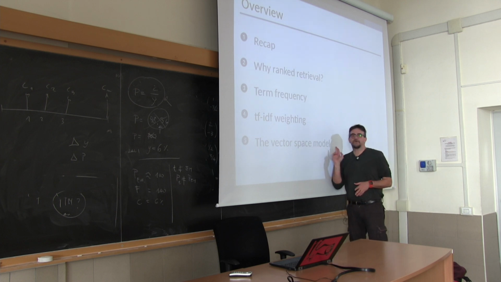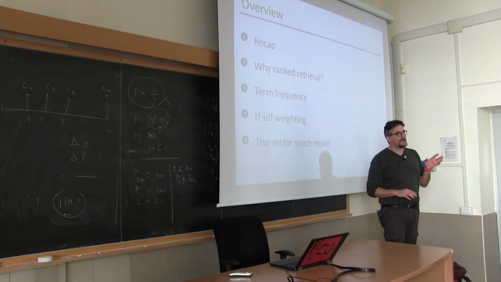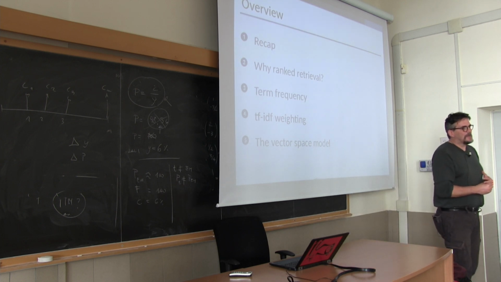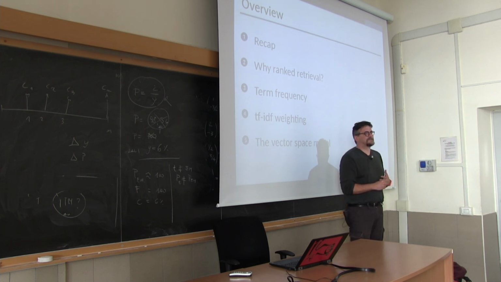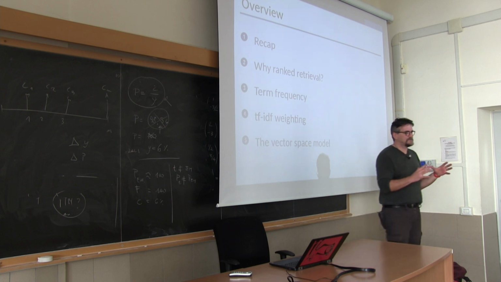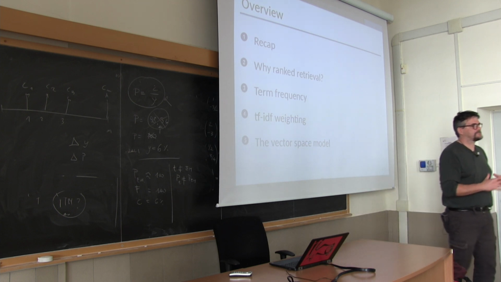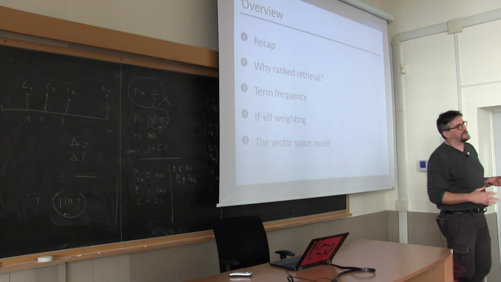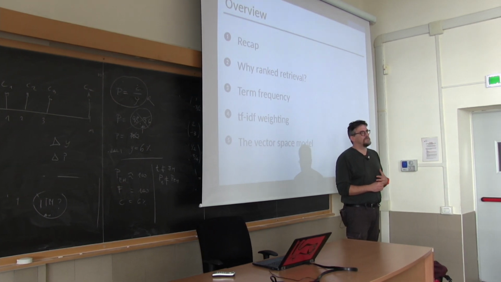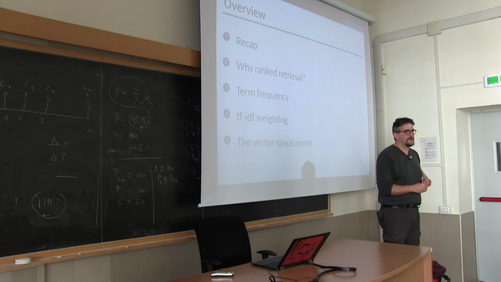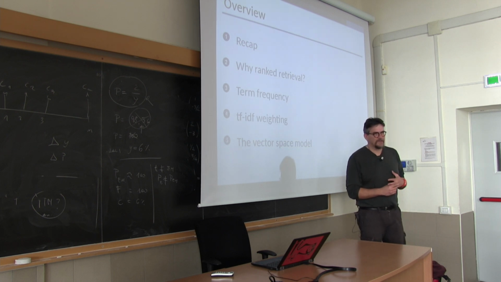The vector space model. We gave a rough idea of the vector space model maybe during the first or second lesson, but the assumption so far is that we have documents and we can make queries on those documents according to the Boolean model, okay?